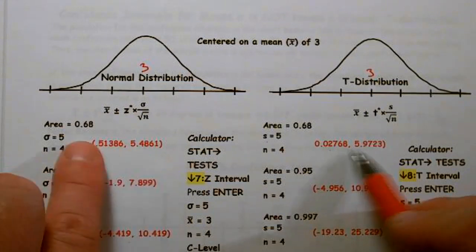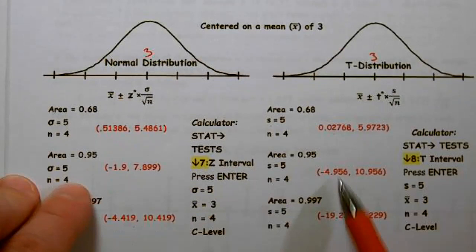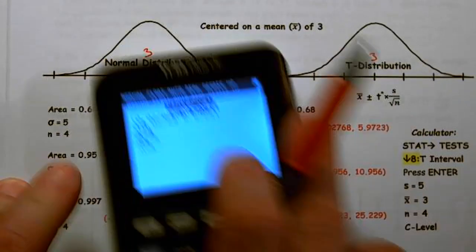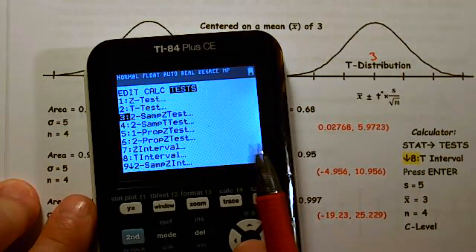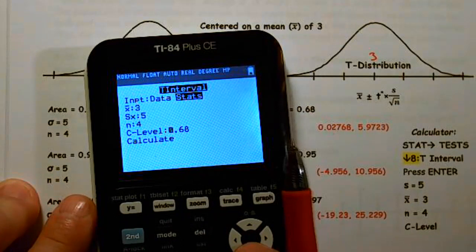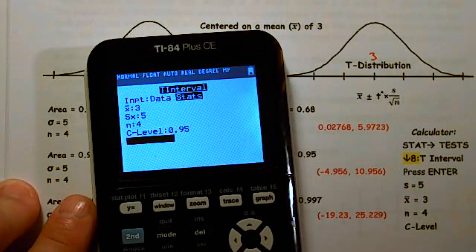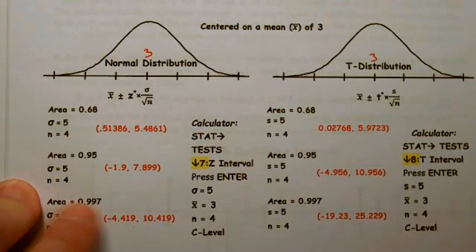So this is a little wider, but not substantially in the center. But when I get out here to 95% and I'm out farther in the tails, I find that it's substantially different. So stats test t interval, all I'm going to do is change that to 0.95. And we have a negative 4.956 and a 10.956.